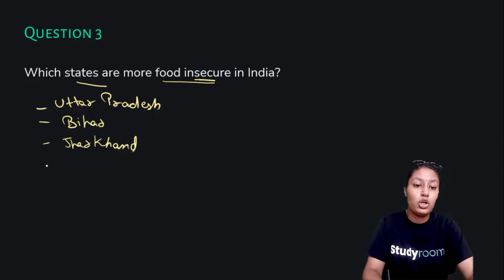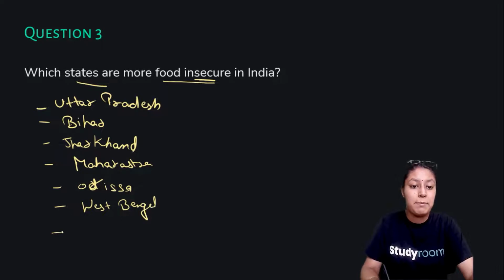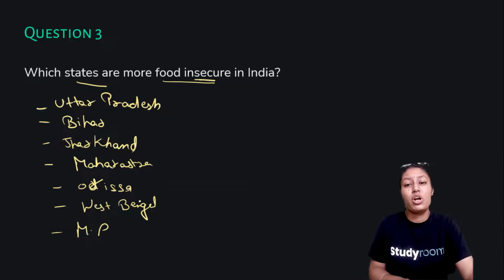We also have some areas of Maharashtra, and Odisha, West Bengal, MP, Madhya Pradesh. So these are the major few states who are food insecure, meaning they do not have sufficient food to suffice.